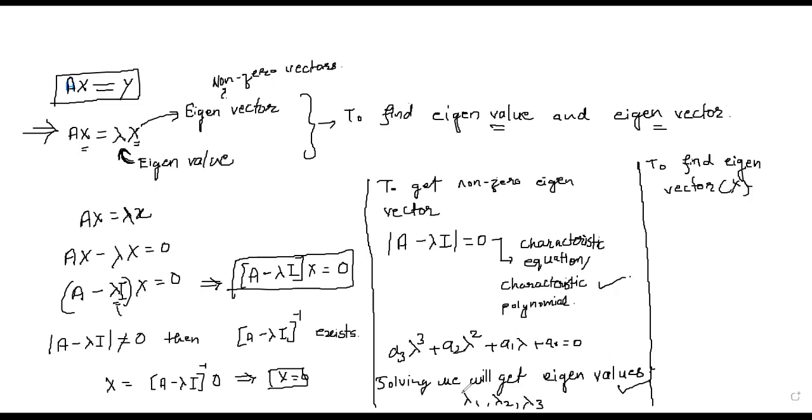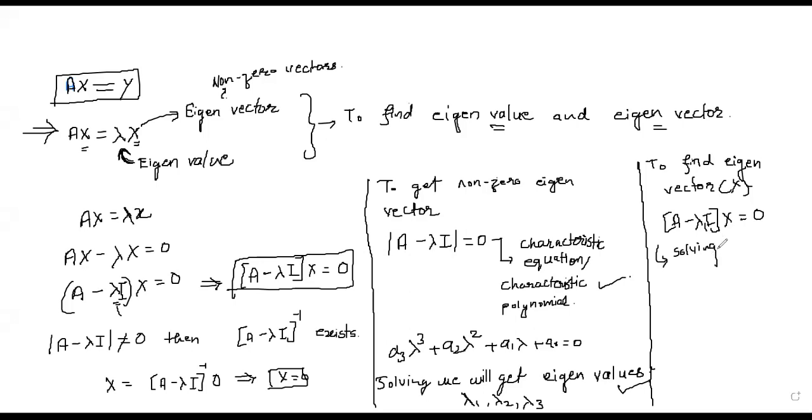Suppose I got the eigenvalue lambda 1. Corresponding to this eigenvalue, I need the eigenvector. So I'll put it here: A minus lambda 1 times I, into x, equal to 0.